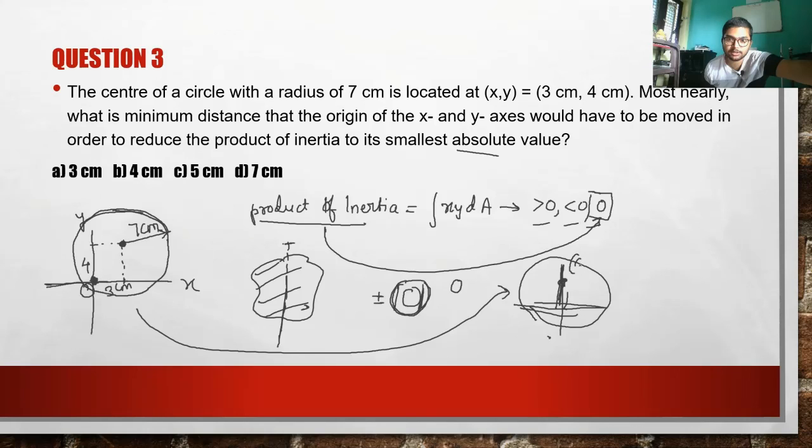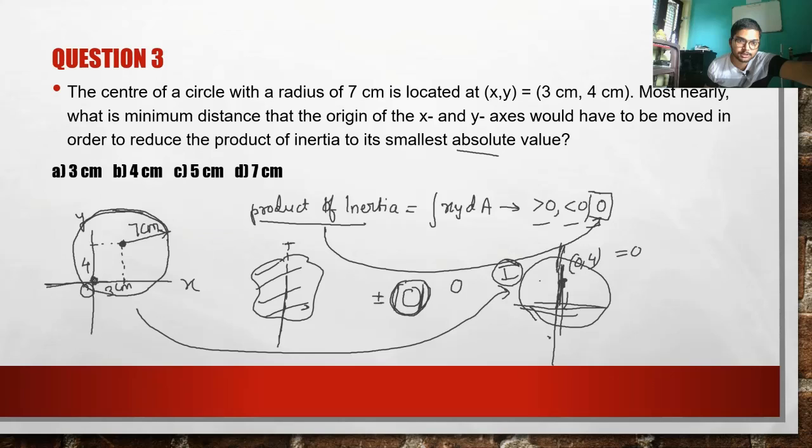And now observe this y-axis. This y-axis becomes the symmetry axis for this particular circle, half on this side, half on this side. Since this is symmetry, if we find the product of inertia, we will have 0 value. This is the first case.